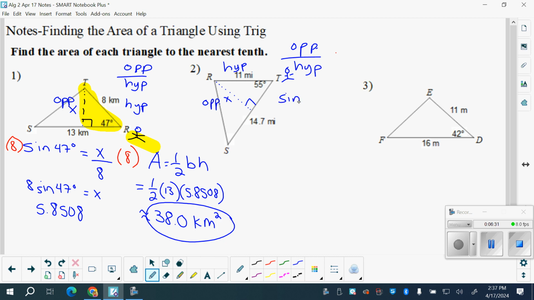We're going to find the sine of 55 equals x, the opposite, over the hypotenuse 11. And then, what would we do next to solve it? So we get 11 sine 55 equals x.